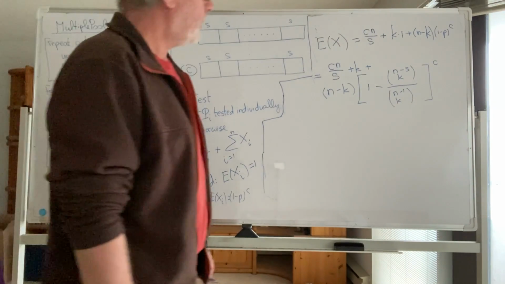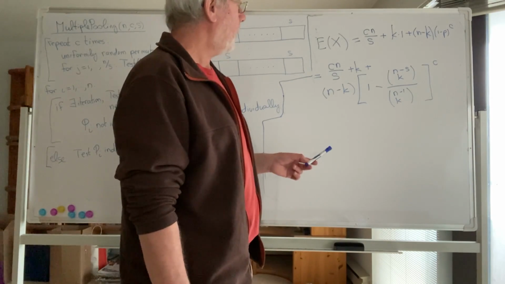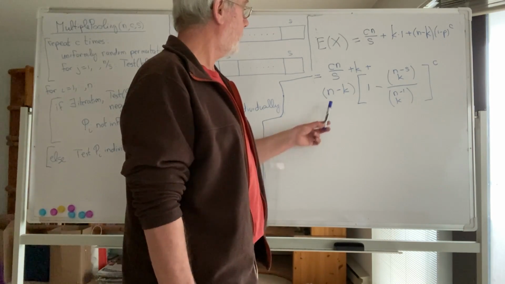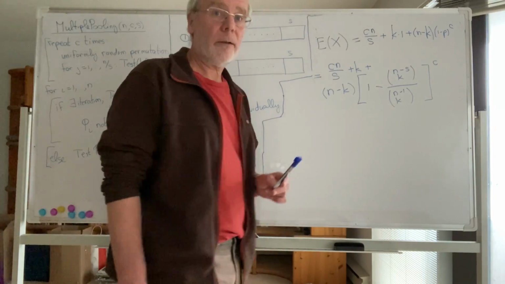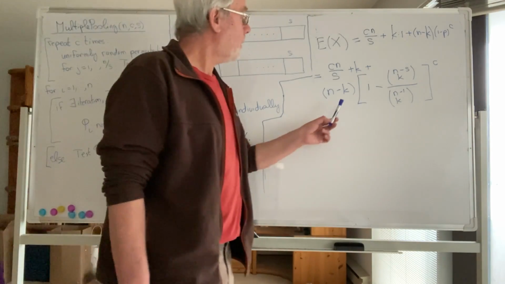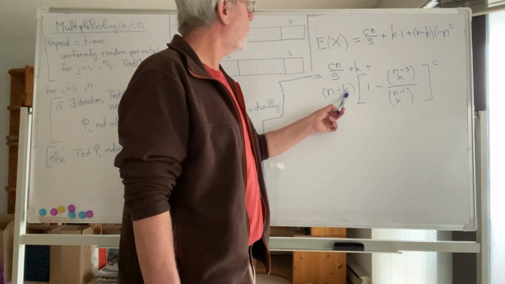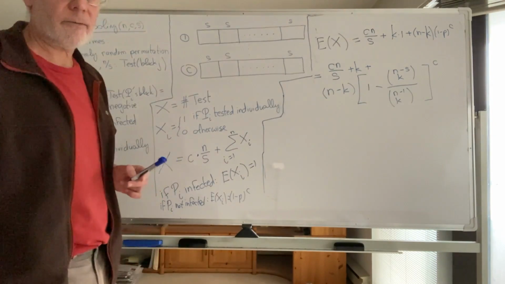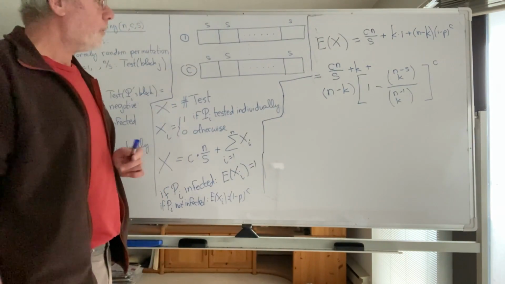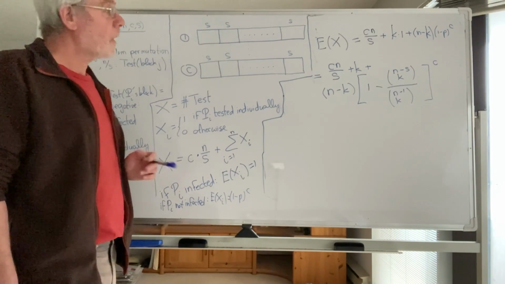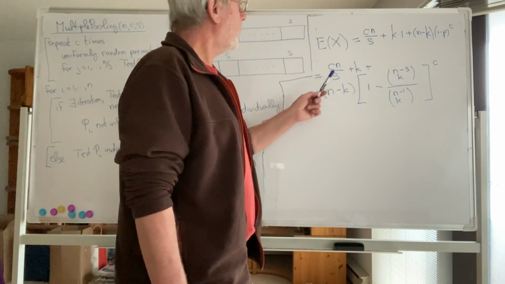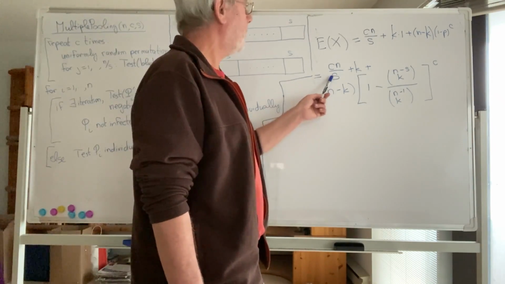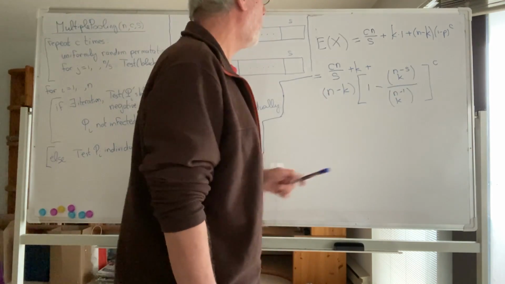So now we have a function here, or an expression. It involves n, the number of people. The number k shows up here and there. K is the number of infected people, so we don't have control over this. S is the block size, and S shows up here and there.